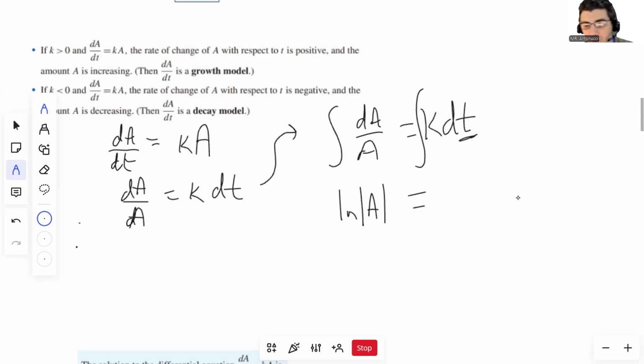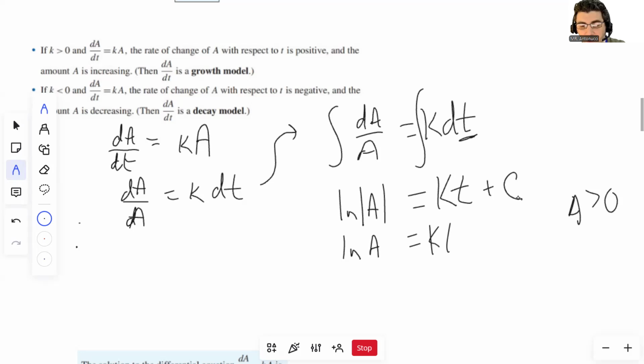Remember, k is a constant, so this is going to be kt plus C. Now, since A is understood to be positive, I can take the absolute values off of the A, and this would be kt plus C. Okay, so the initial condition, so when t equals 0, then A is going to be, we'll just call it A naught.